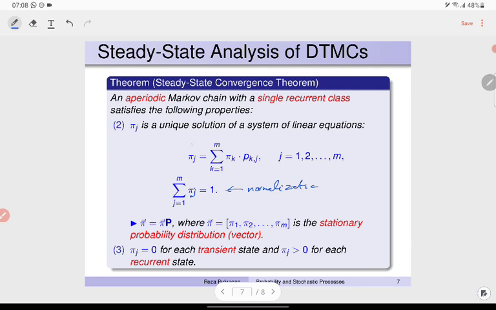But if you look at this system of linear equations, you will see that this is actually a vector matrix multiplication, because this is a vector and this is a matrix.